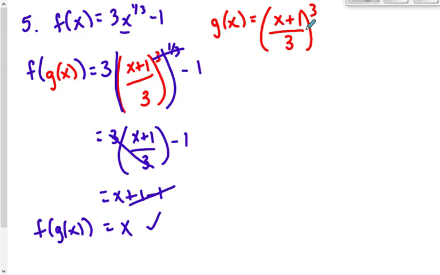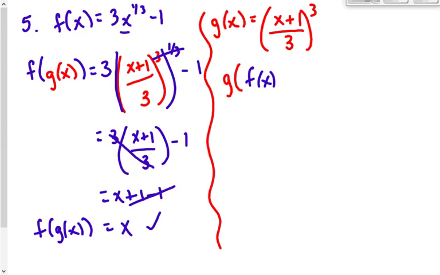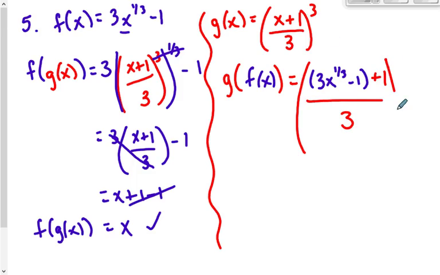So that one checks. You have to check it the other direction now. G of f of x. So now, in place of x, I'm putting the f function, 3x to the 1/3 minus 1, plus 1 over 3 cubed.